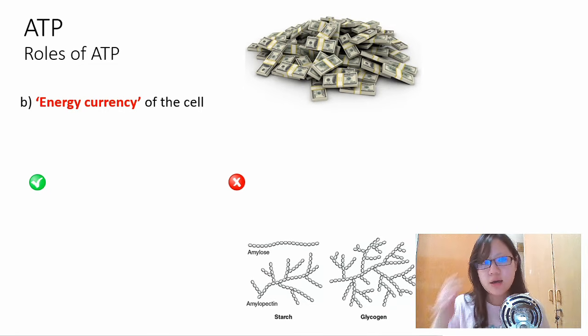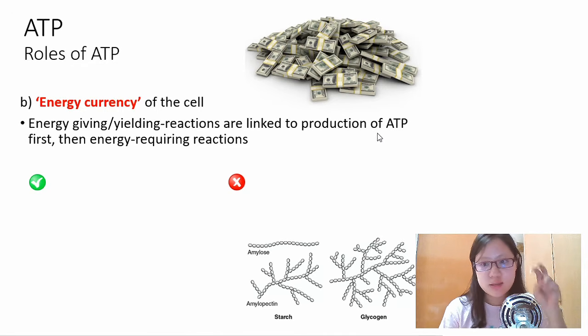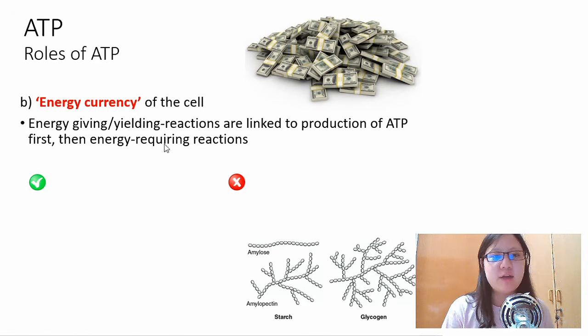Same idea with ATP. ATP is an energy currency in the body, so it acts like cash-ish, right? When the energy-giving reactions release energy, it will be linked to the production of ATP first, so you earn the energy currency, so to speak, and only then will ATP be used in the energy-requiring reactions.